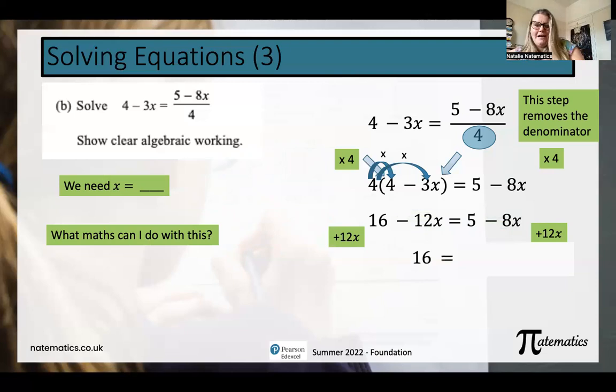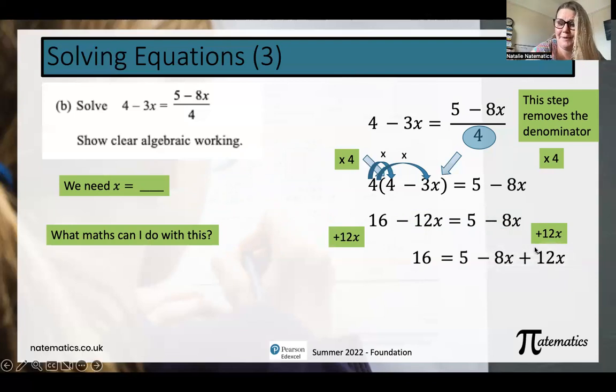And then on the right-hand side, we've got 5 on its own. And then we've got 8 lots of this number I don't know, and then I'm adding 12x, 12 lots of this number I don't know. But I've got minus 8x to start with, and I'm adding 12x.